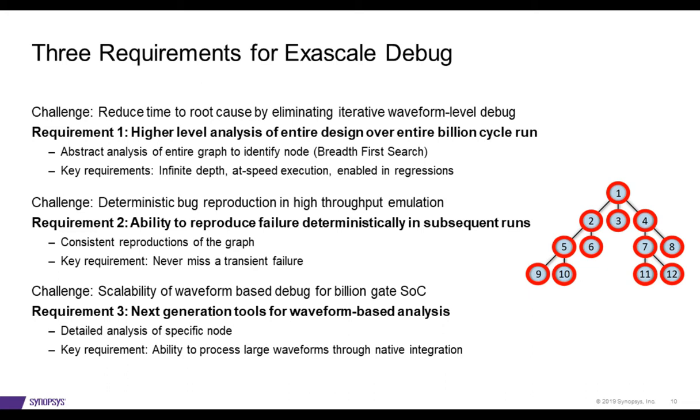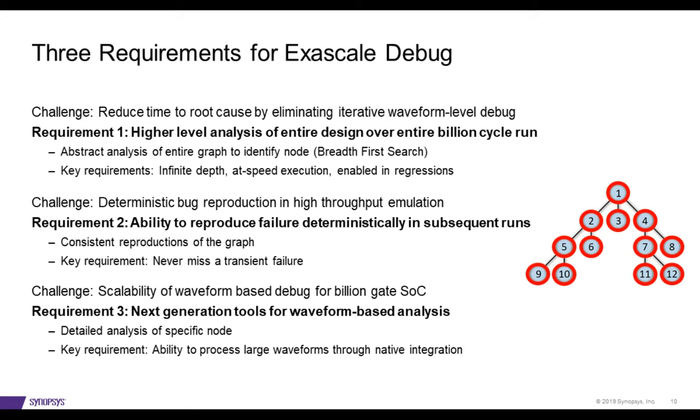The second requirement is that because this analysis is being done for the duration of the test case, there should be no impact on the performance and no impact on the throughput. That means that all of the system level analysis that we are trying to do has to be at speed.